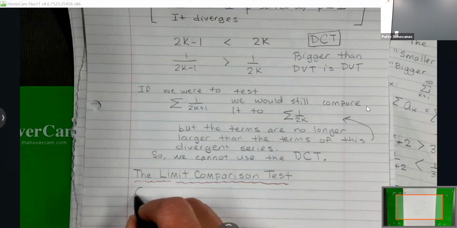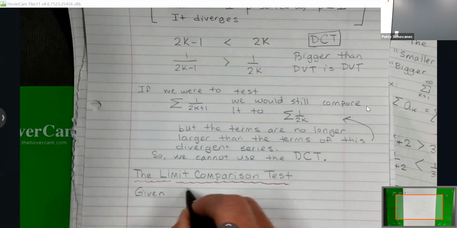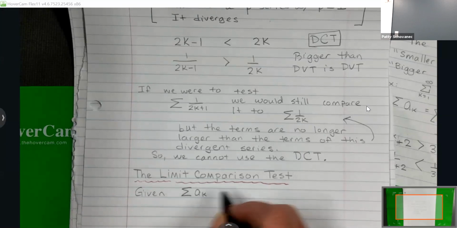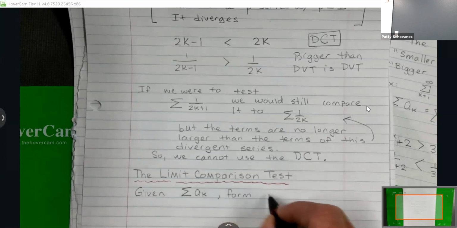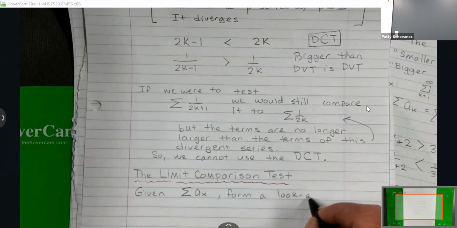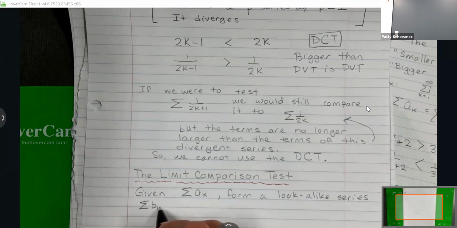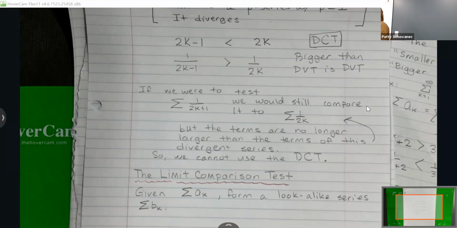So given the series that you're testing, form a lookalike series. Just throw away the insignificant terms. Constants you can throw away, keep only the highest powers on the k maybe, or the terms that seem to have the biggest command over the growth of the series when k is large. Okay, you know what your lookalike series does.